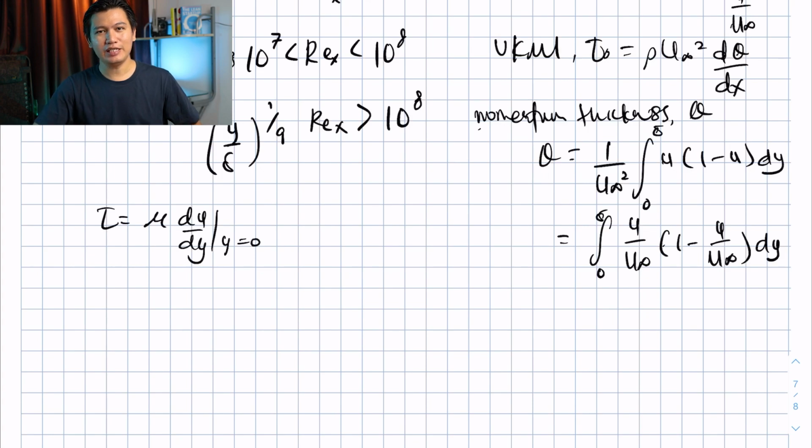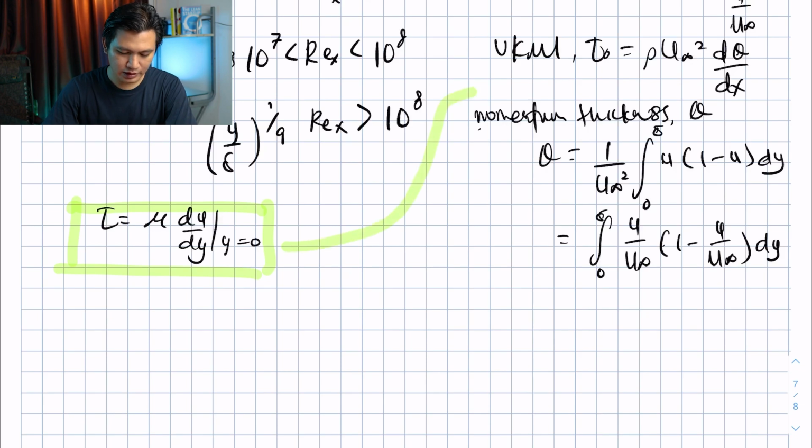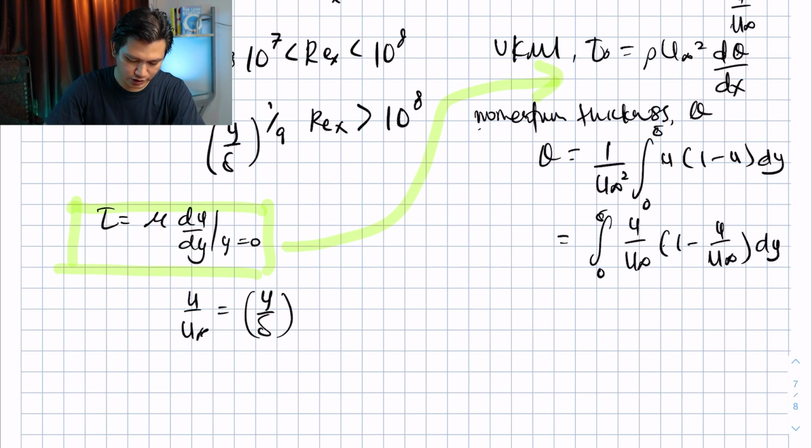Alright, and previously in laminar boundary condition, we've used this to find the del. Basically, we equate this equation with this equation to find the relationship. However, for the power law, imagine u over u infinity equal to y over del to the power of 1 over 7.